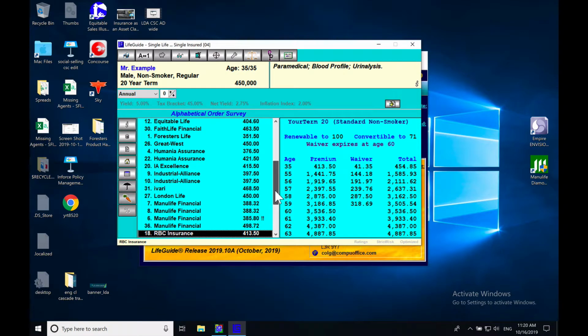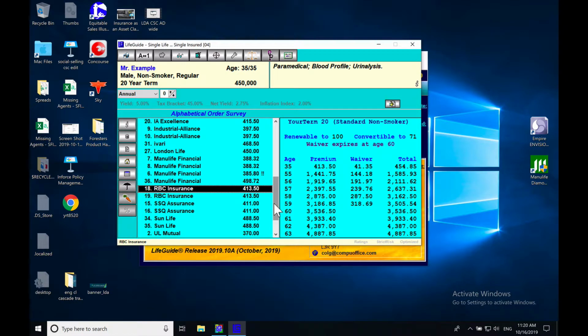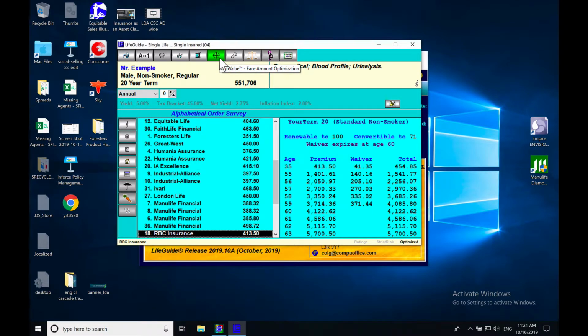The question is what it will cost for $450,000, and is there an opportunity to get some additional coverage at no additional cost? So let's click on the icon up at the top that looks like a target, and that's the Opti value.